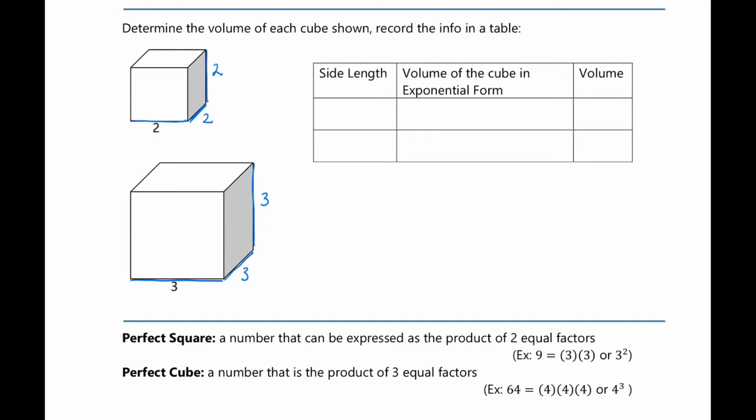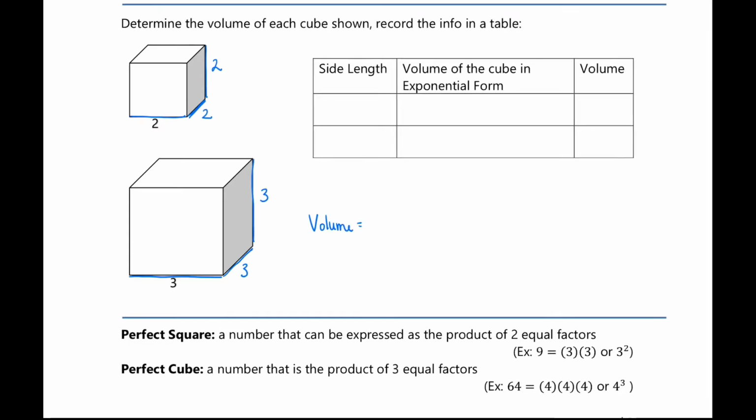Before we move on, I would like to address what the formula is for the volume of a rectangular prism. We can say that volume equals length times width times height.